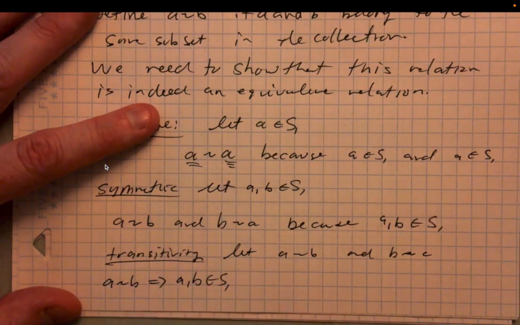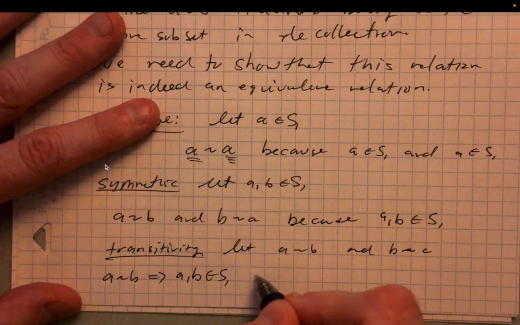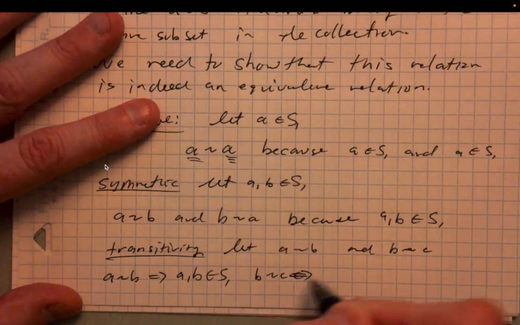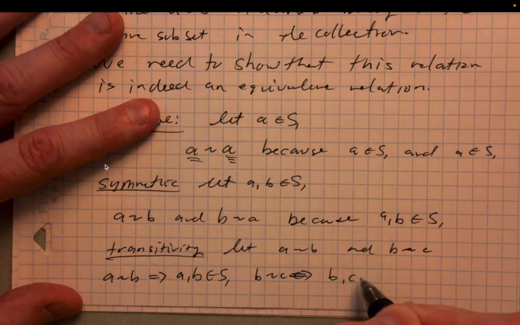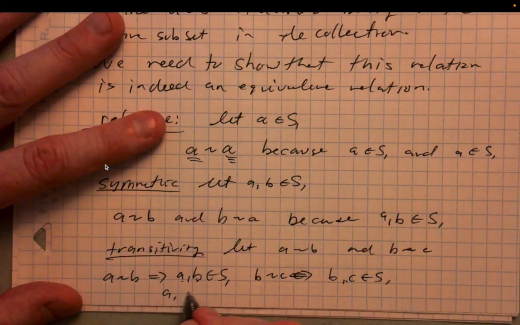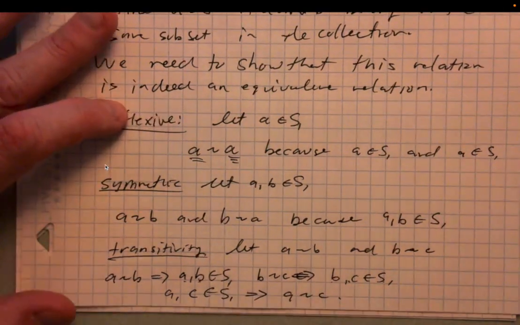Right? A equivalent to B means that A and B are in S1. B equivalent to C implies that B and C are in S1. And so here I've got C in S1, here I've got A in S1. That implies that A is equivalent to C, right? So we've got the transitivity.